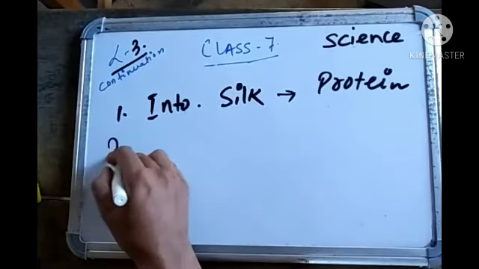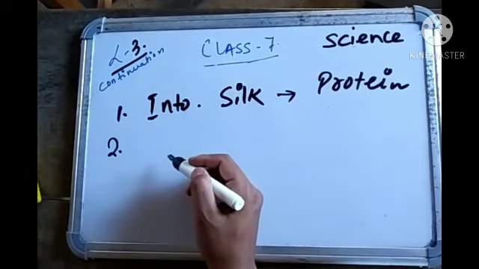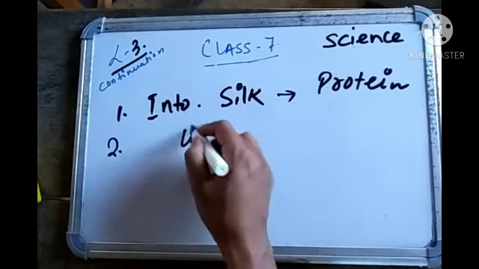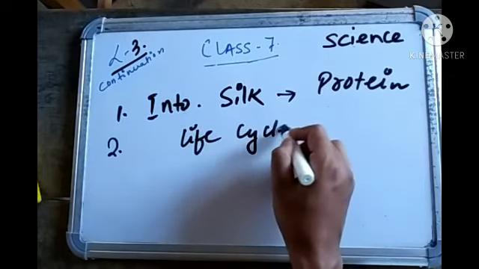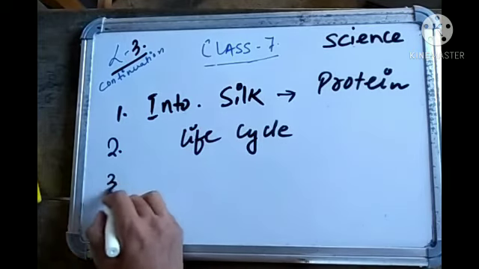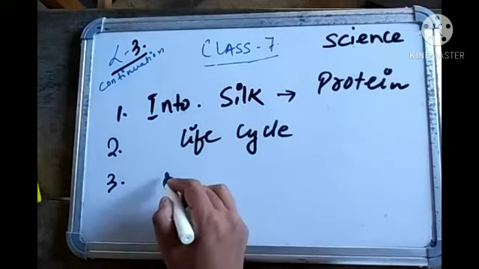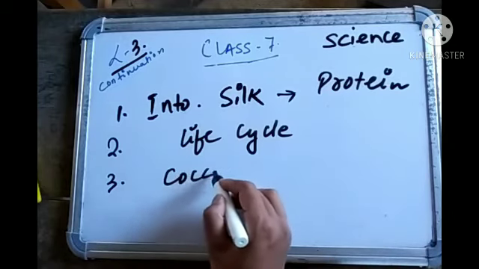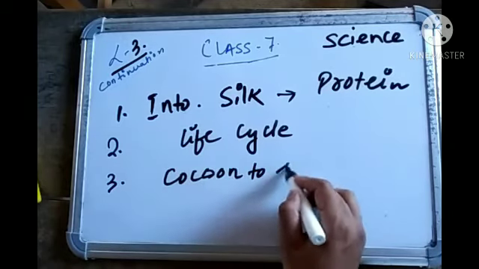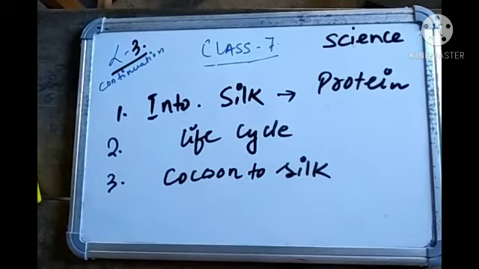Then we discussed the life history of silk moth, in short, the life cycle. We discussed how we obtain silk from cocoon, the process from cocoon to silk. Rearing we discussed under this topic.